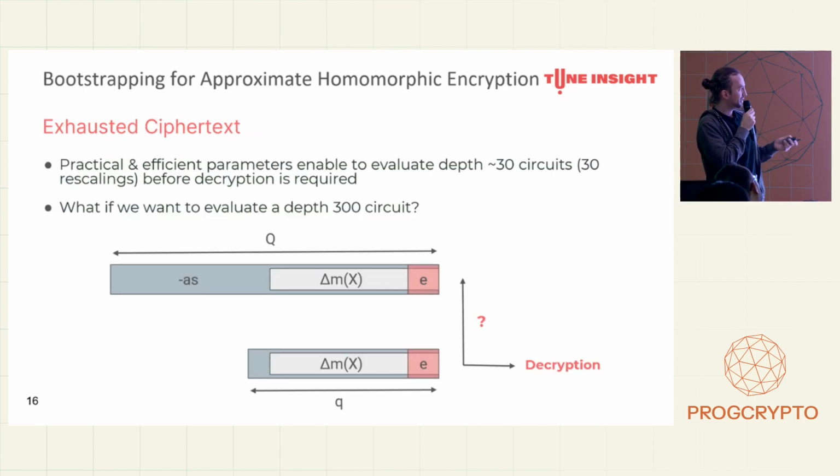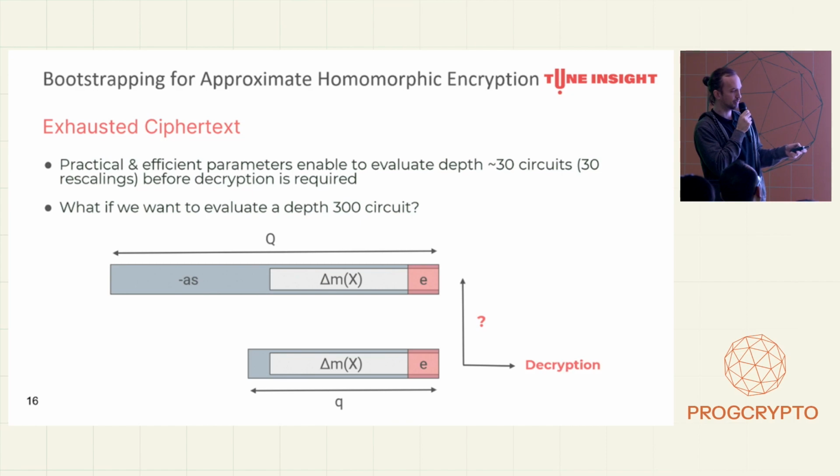So practical and efficient parameters can allow you to evaluate circuits that are about 30 rescalings, so 30 chained multiplications. But what if you want to evaluate a larger circuit, like 300 depth or 1,000 depth? At some point, you cannot use practical parameters anymore. And so the solution is to decrypt and then encrypt.